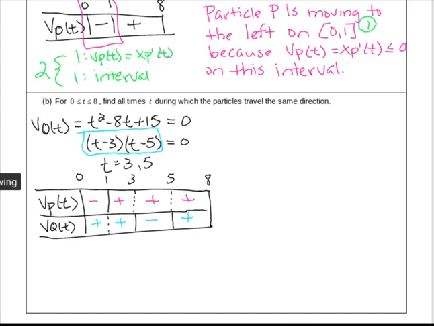So this question is asking us when the particles are traveling the same direction. So we need them to have the same sign on the velocity. That would be between 1 and 3, and between 5 and 8.